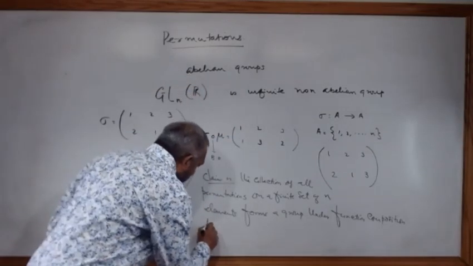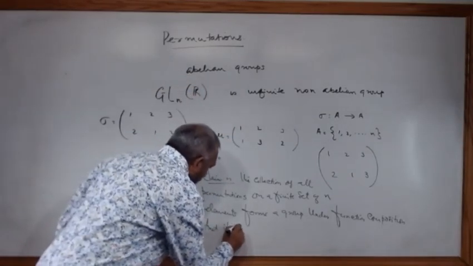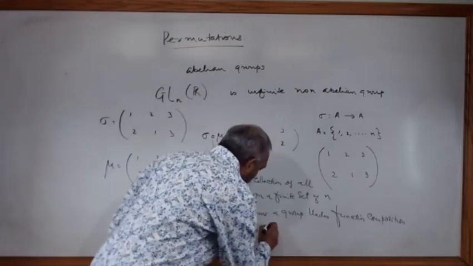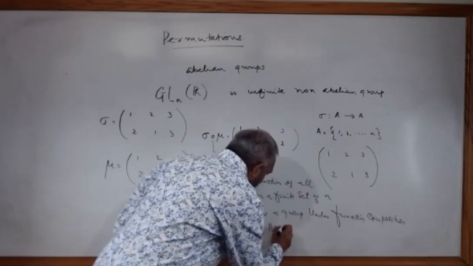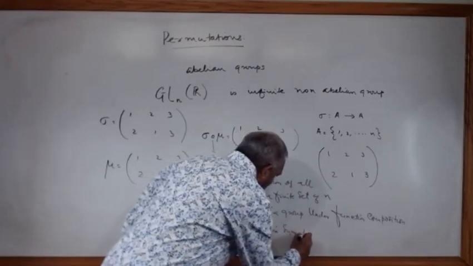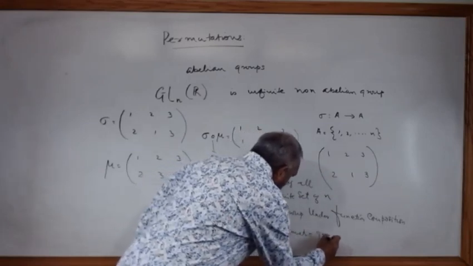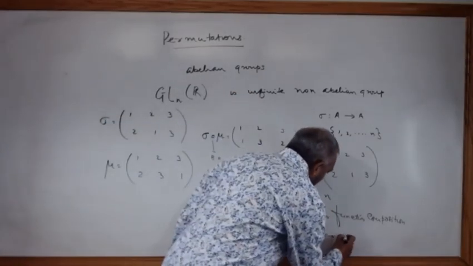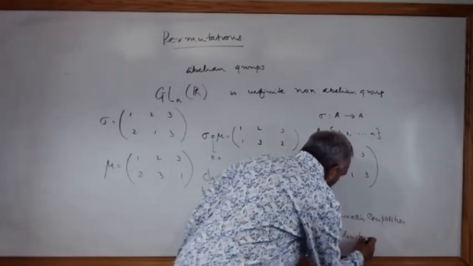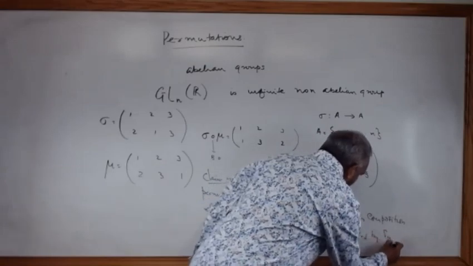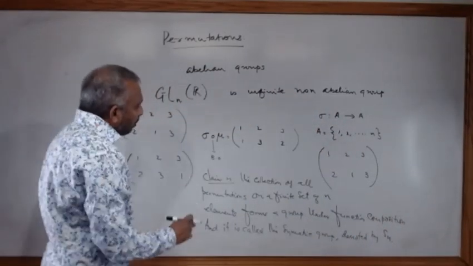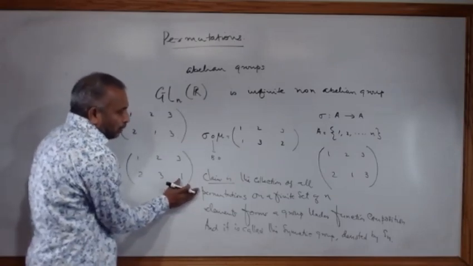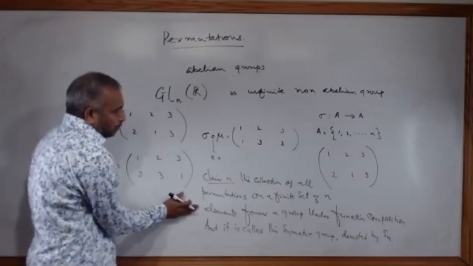It is called the symmetric group on n elements, and it is denoted by this. We are going to prove that this is a group. I'm just giving you the plan of what we are going to do.